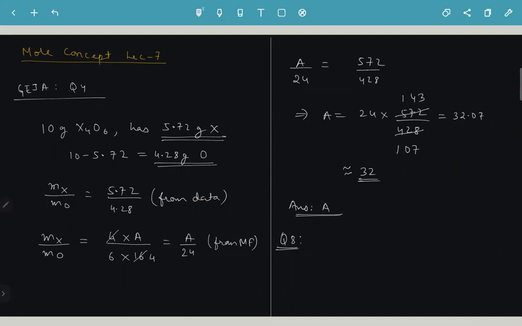Next, look, next we'll do question number 8. Question number 8 is a mixture of FeSO4 and Fe2(SO4)3 contains equal number of sulfate ions and ratio of ferrous to ferric ions.